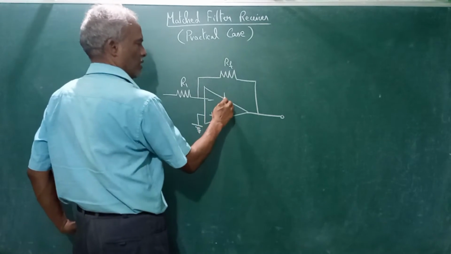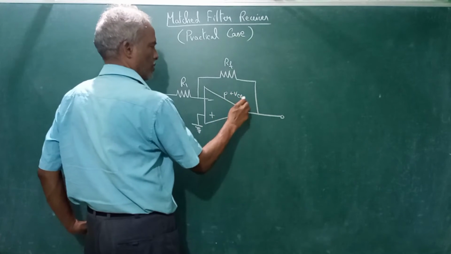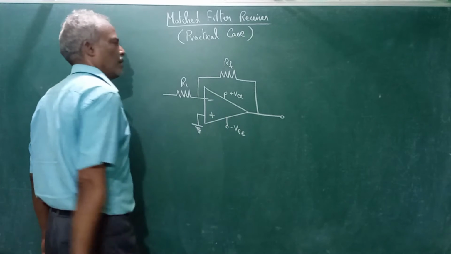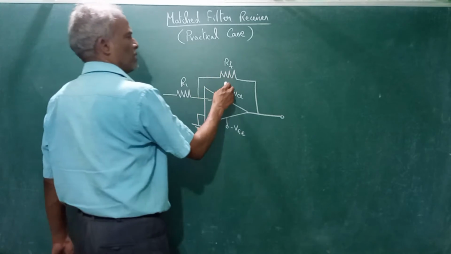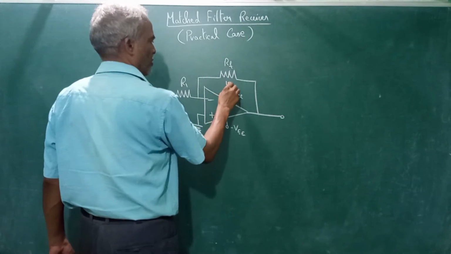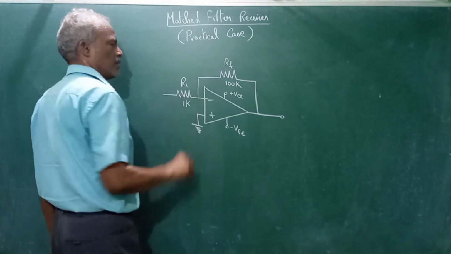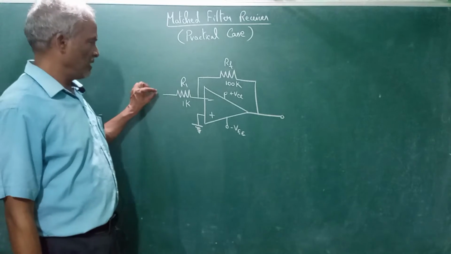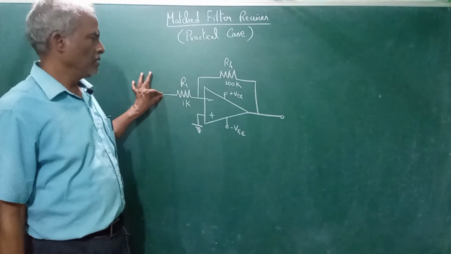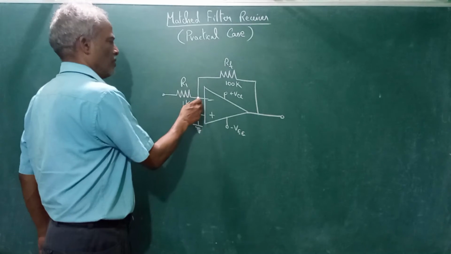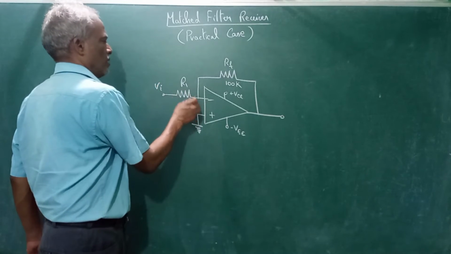The rest you know: this is plus VCC, this is minus VEE. If I take RF as 100K and R1 as 1K, and a signal is arriving at this point, you know the gain, because this is 0. So this is V in, this is 0.